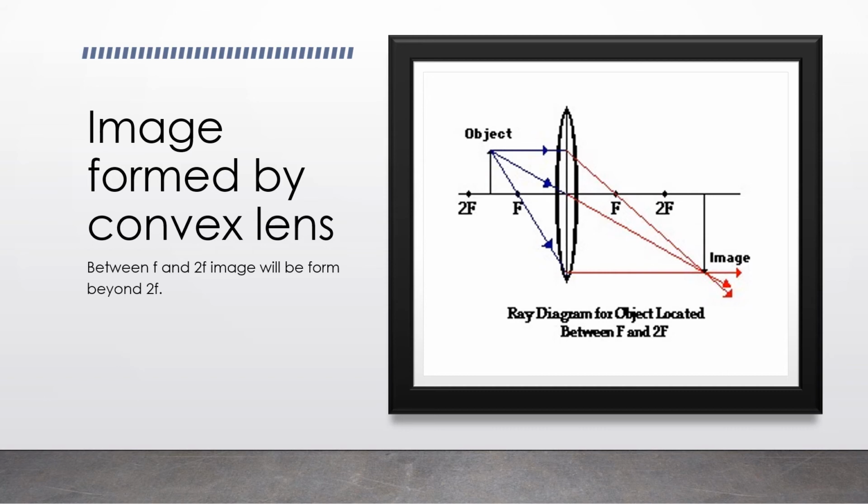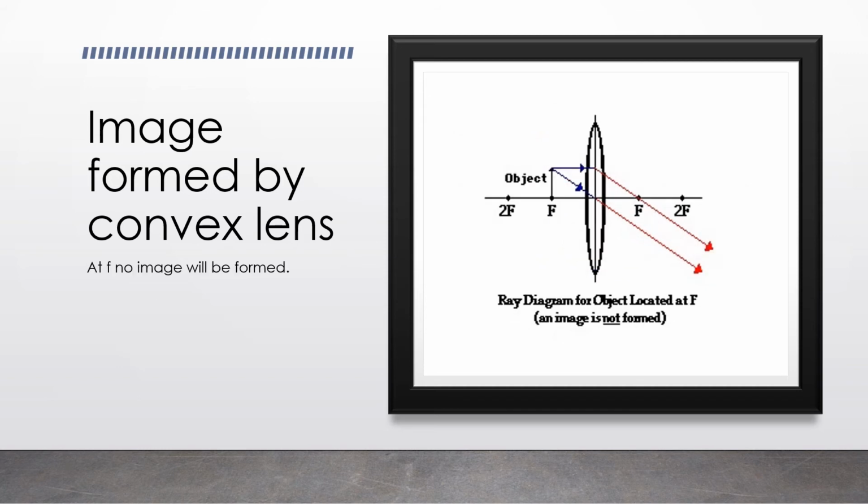Now what will happen if I place my object at f? If I place my object at f, the converging rays will be parallel to each other after passing through the lens, and we know that parallel lines never overlap each other, so the image will not form.